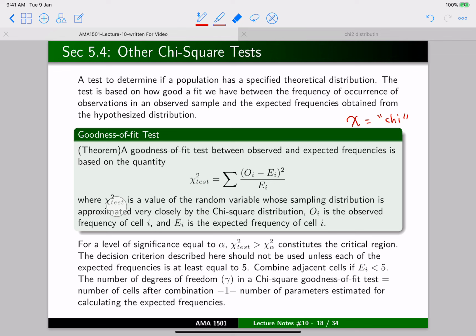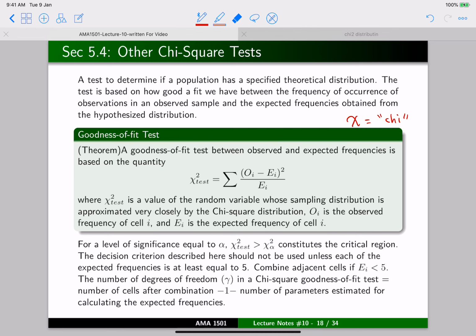It is a value of the random variable whose sampling distribution is approximately the chi-square distribution, which I talked about in the previous video. O_i is the observed frequency of cell i, and E_i is the expected frequency of cell i.